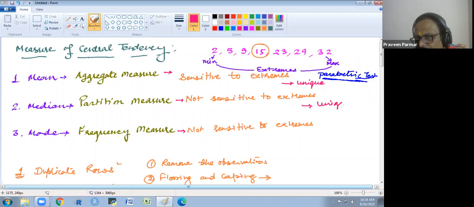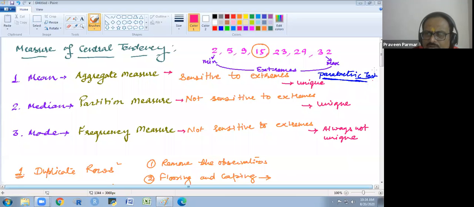You will always get only a single median. But the mode might be more than one, so it is not unique. It is always not unique. It may be bimodal, it may be trimodal also. Got it?